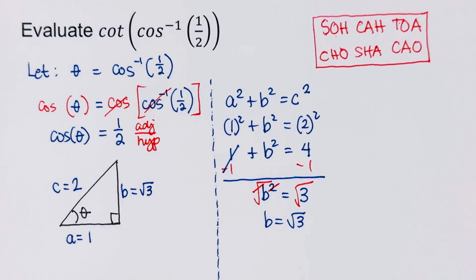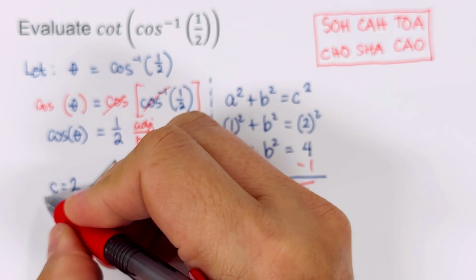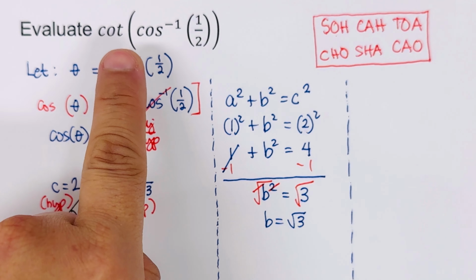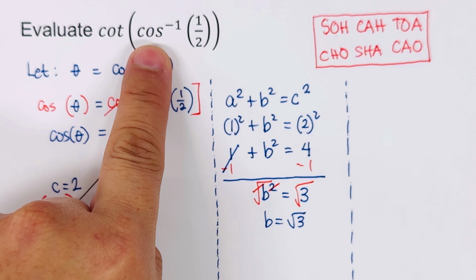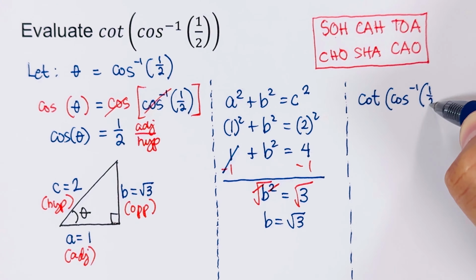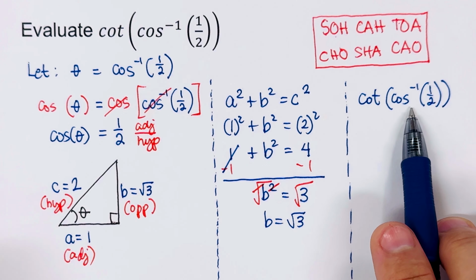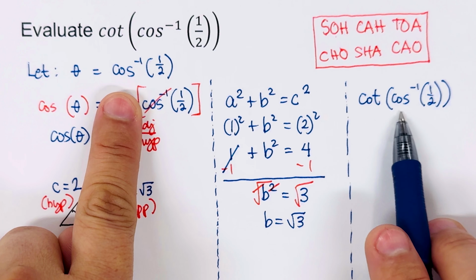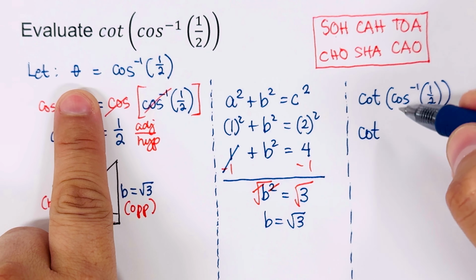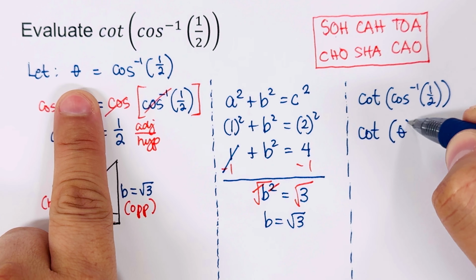Now we remember that our a is the adjacent side, our b is the opposite side, and our c is the hypotenuse for this triangle. Going back to the given expression, that's cotangent of arc cosine of 1/2. I'm going to write that up here. At the beginning, we set this whole thing to theta, so we're actually looking for cotangent of theta.